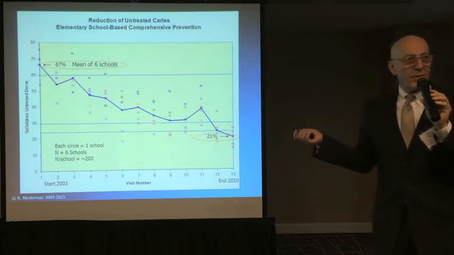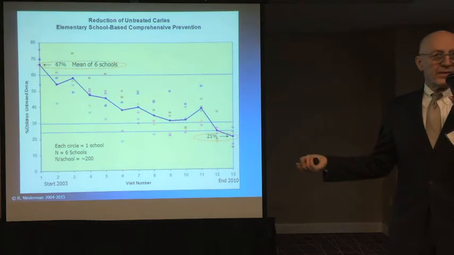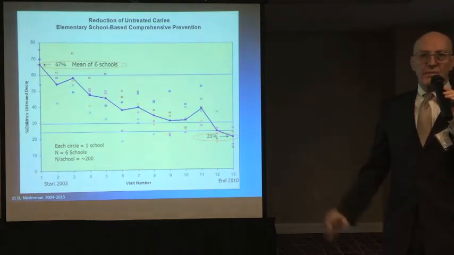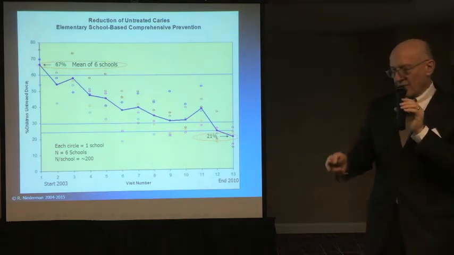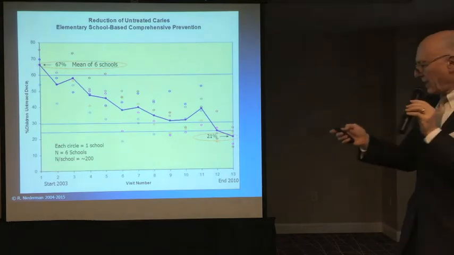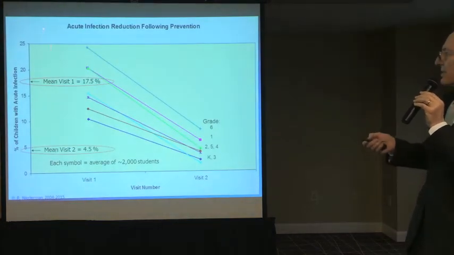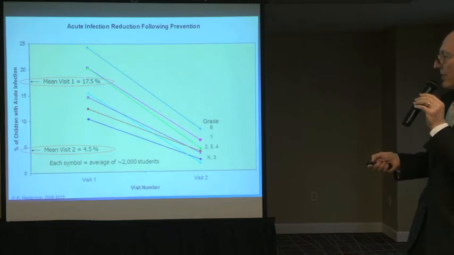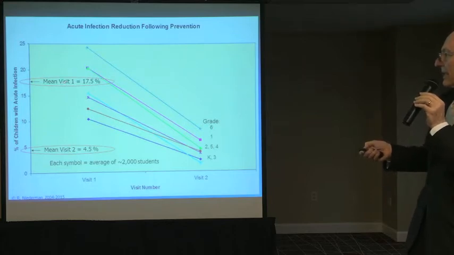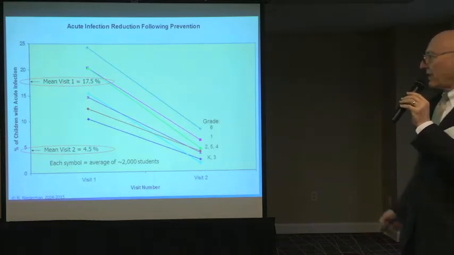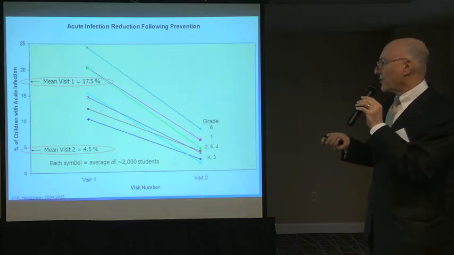I picked that as a primary outcome because it's something that parents, teachers, politicians and insurers can understand, and we have a bunch more data that I'm not showing you. This is acute abscesses on the y-axis, percentage of kids with acute pain, swelling, or infection by grade. The mean at the beginning, 17% of kids had acute pain, swelling, infection.